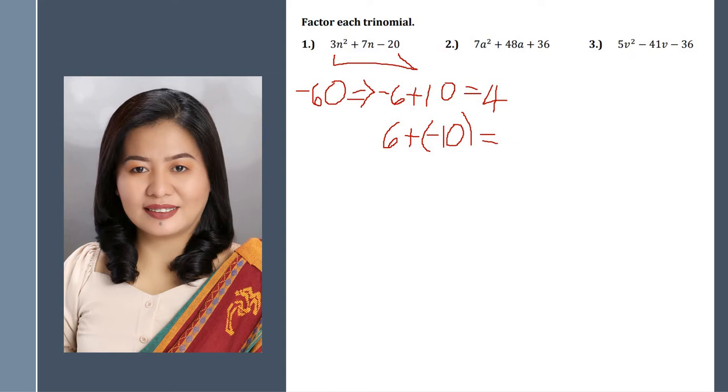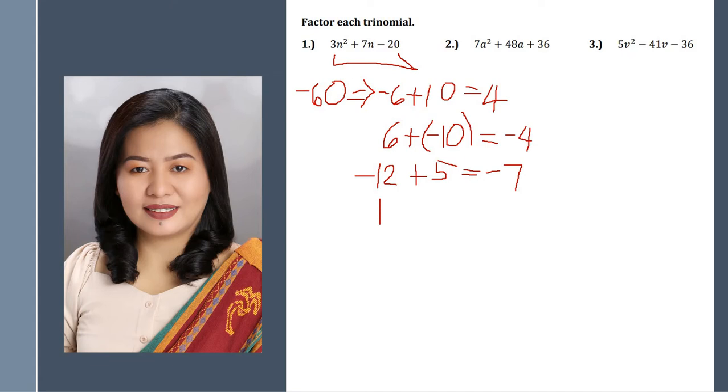So we try another factor of 60. Let's try 12. The pair of 12 will be 5. So let's have negative 12 plus 5. That gives us negative 7.